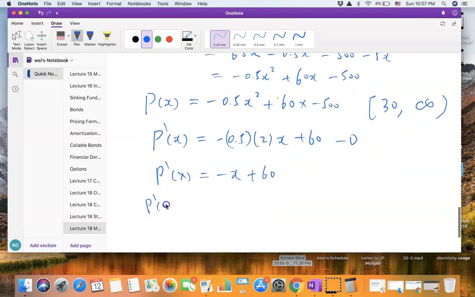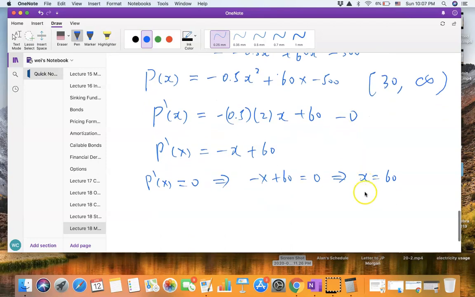If we set the derivative to 0, we have negative x plus 60 equals 0, so x equals 60. So the critical point is 60.